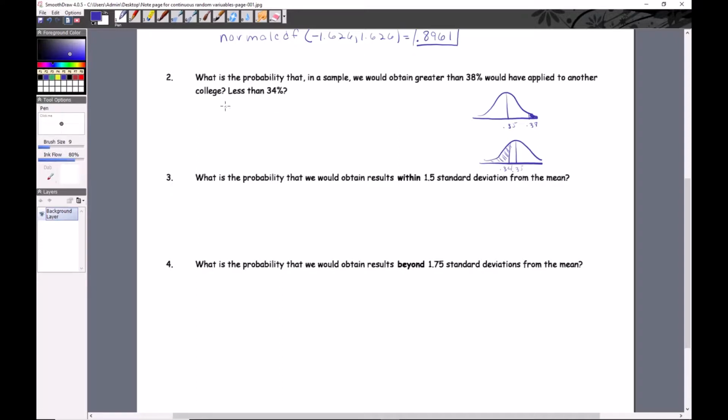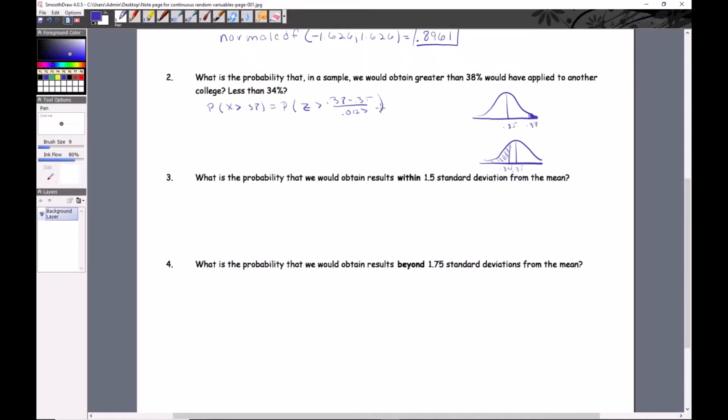All right. So for the first one, the probability that x is greater than 0.38, and I'm just going to show the standardizing, but I'll let the calculator do it. That's the probability that z is greater than x minus mu, 0.35, divided by 0.0123.